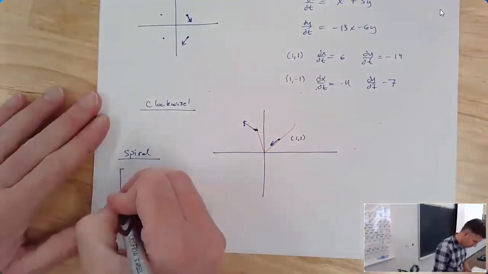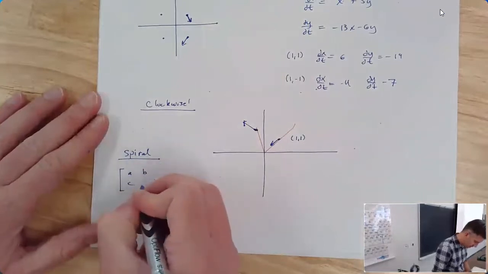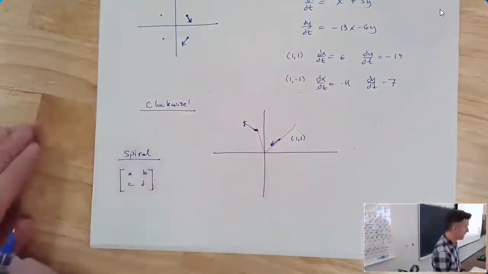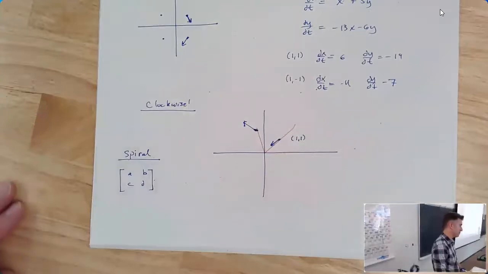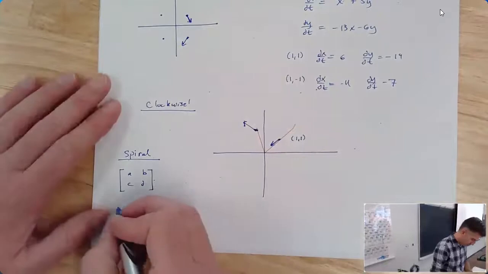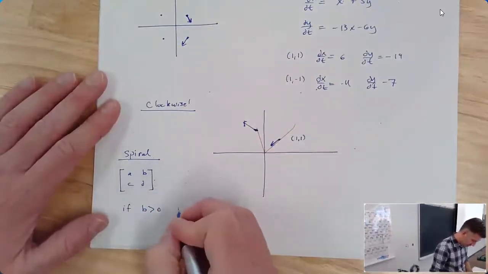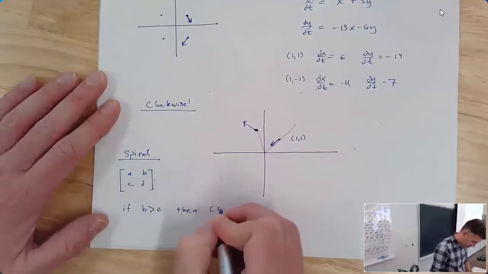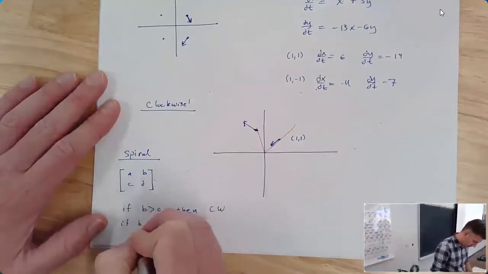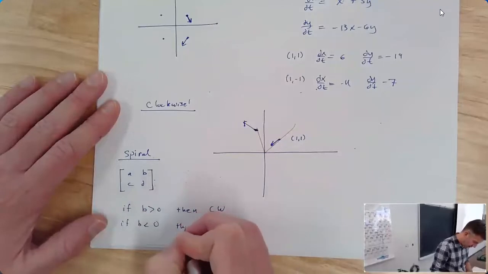Thing one, in this matrix, B and C will always be opposite signs. And two, if B is positive, then you have clockwise, and if B is negative, then you have counterclockwise.